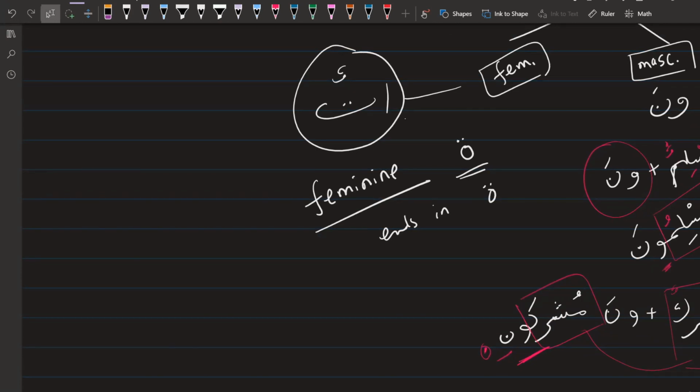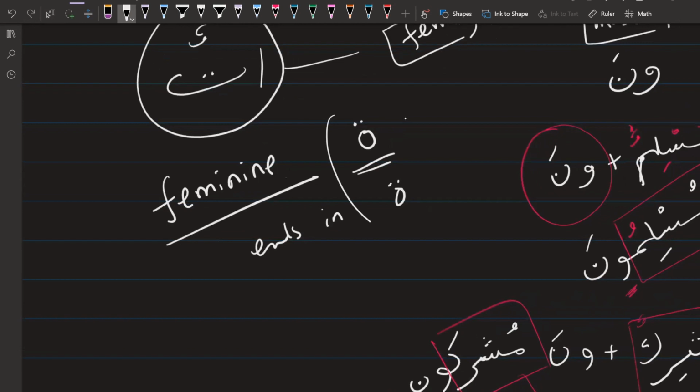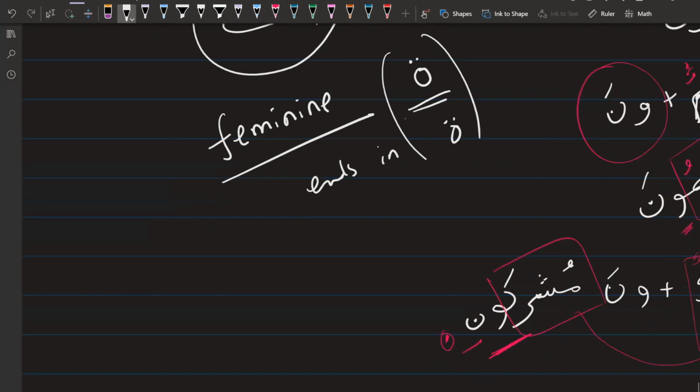Here it really doesn't have to be aqil or ghair aqil. The best way to know if a word is feminine, which we studied, is that it ends in ta marbuta. You can simply add alif and ta to make it into sound plural. So let's see some examples, of course.